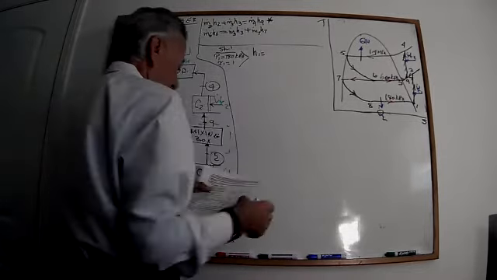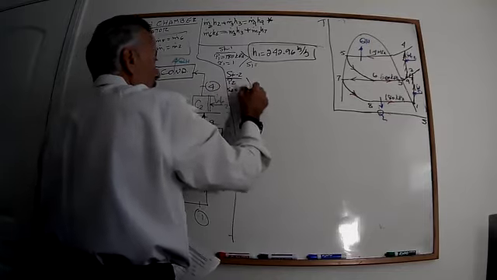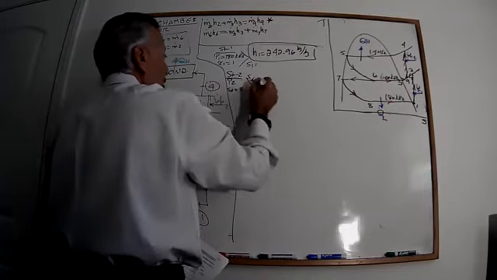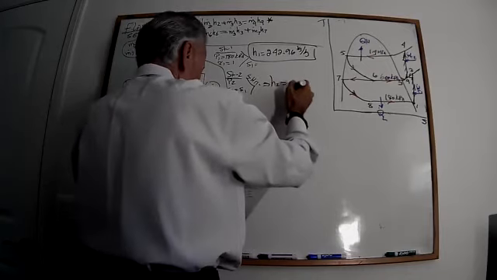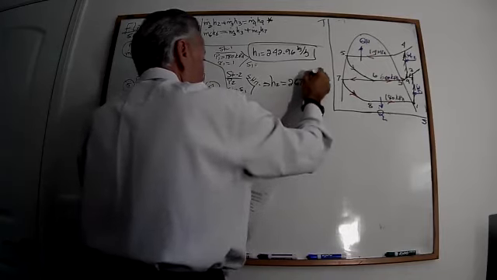And of course, we're going to find the value of S1. Now, at state 2, we have P2 and S2 being equal to S1. On a superheated table, we find the value of H2 to be equal to 267.72 kilojoule per kilogram.